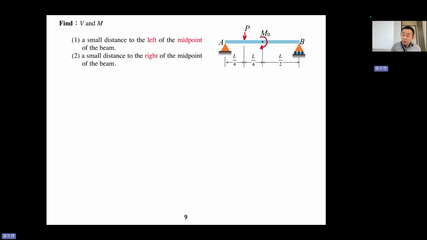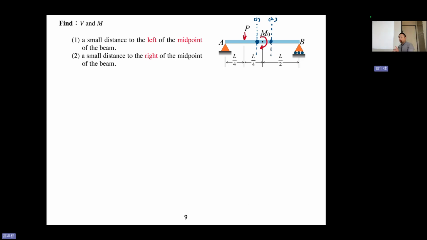Again, if you want to determine the V and M at a certain point, all you need to do is cut it. We want to determine the point slightly left or slightly right of the midpoint. So this is the first problem, and this is for the second problem.